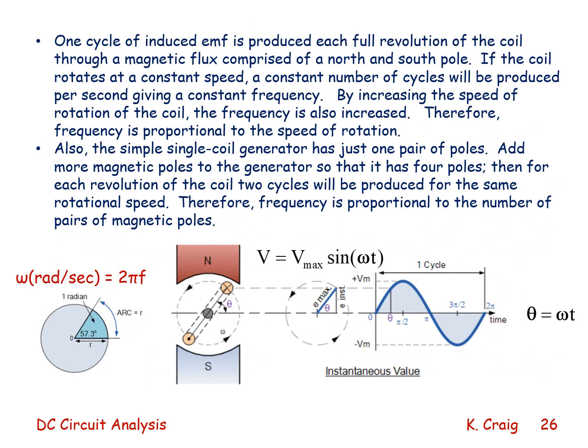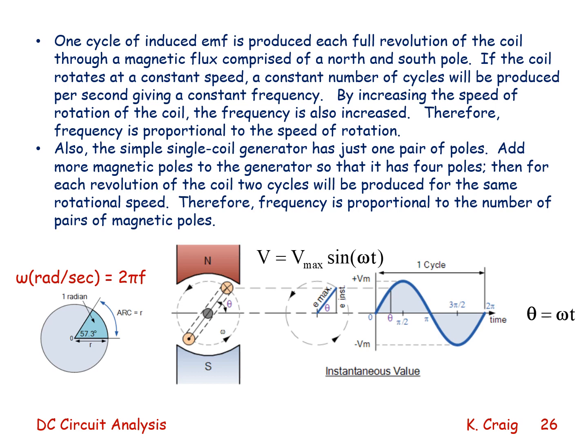One cycle of induced EMF is produced each full revolution of the coil through a magnetic flux comprised of a north and south pole. If the coil rotates at a constant speed, a constant number of cycles will be produced per second, giving a constant frequency. By increasing the speed of rotation of the coil, the frequency is also increased. Therefore, frequency is proportional to the speed of rotation.